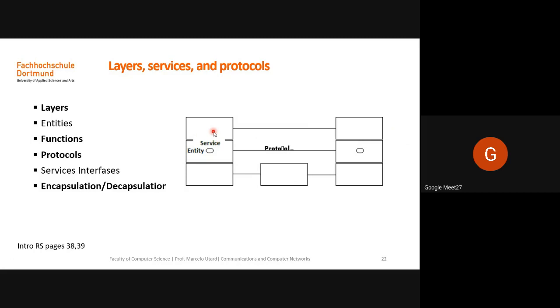The layer-oriented network architecture is based on the use of different layers. Each layer implements some functions, some particular function for each layer. The functions are implemented by entities.